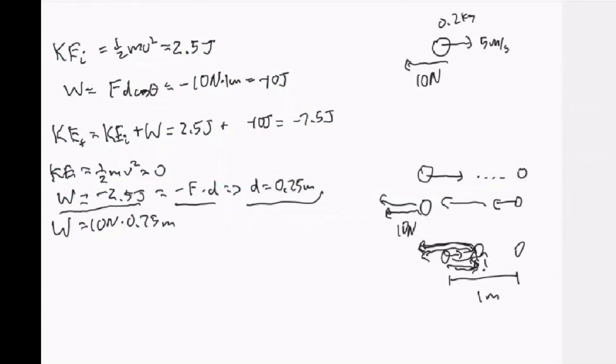So the rest of the work is going to be 7.5 joules. And now we can actually find the final velocity. 7.5 here. And we should get root 75 meters per second. And it will be backwards, so I guess negative.